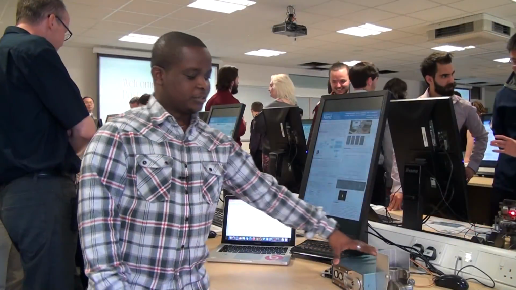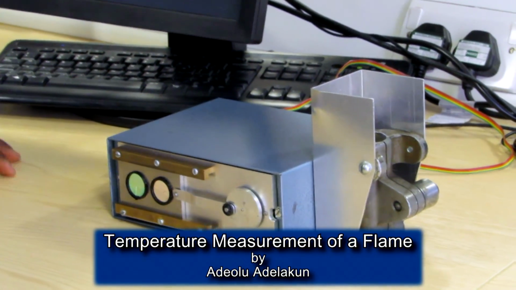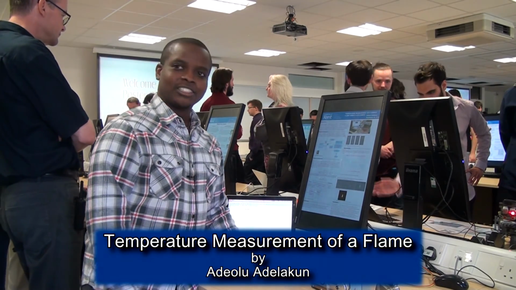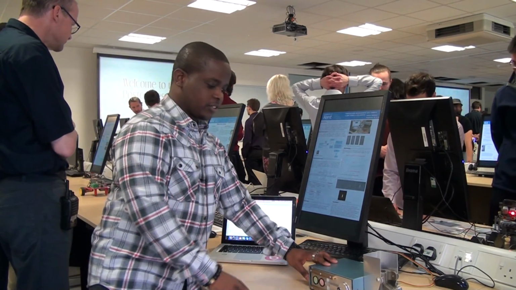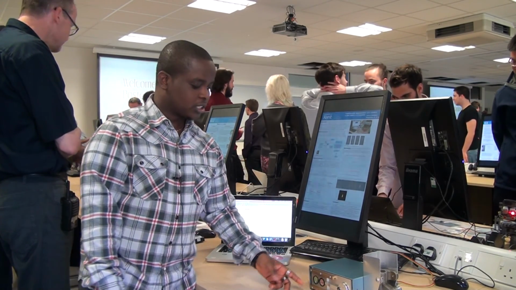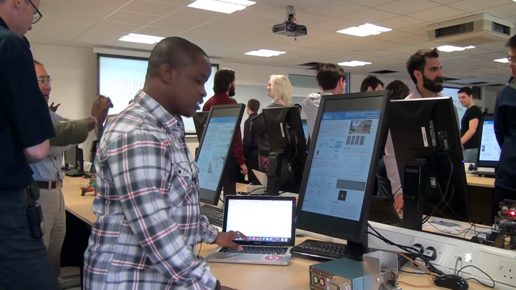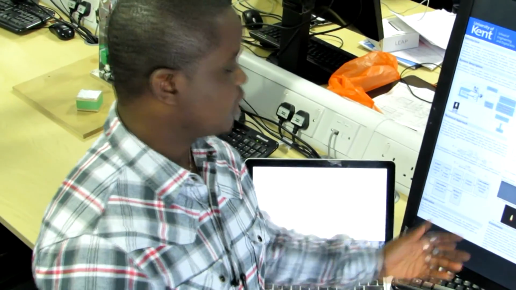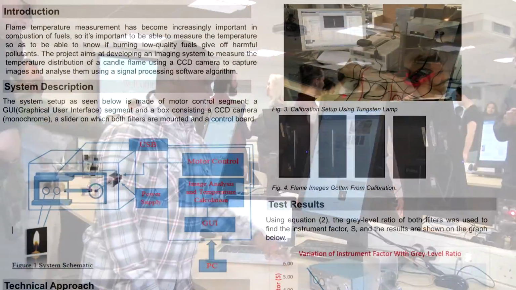The name of my project is Temperature Measurement of the Candle Flame using a CCD camera. It takes images of the flame using two different filters with two different wavelengths. Then it processes the images using MATLAB and provides a temperature map like it's shown here.